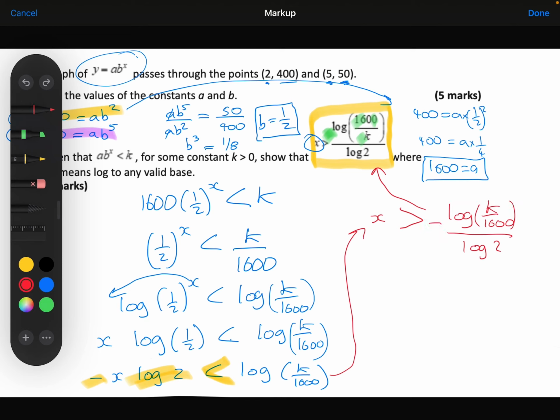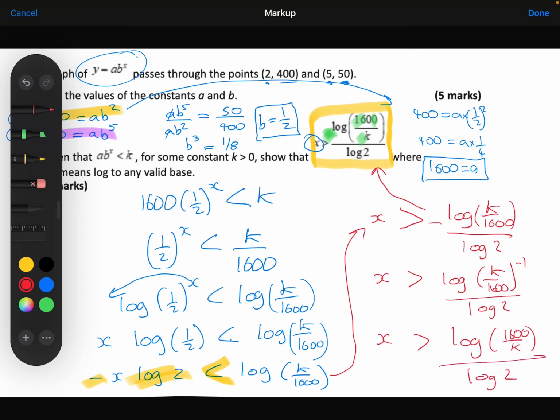So x is equal to log of k over 1,600 to the power of minus 1, over log 2. And I know that when I have a power of minus 1, that's saying to do the reciprocal. So we're going to flip these two things around. So we'll get x is greater than log of 1,600 over k, all divided by log 2. And that's what we needed to show.